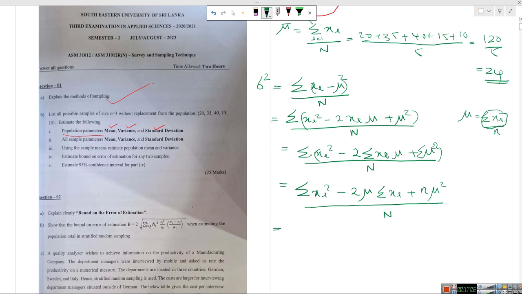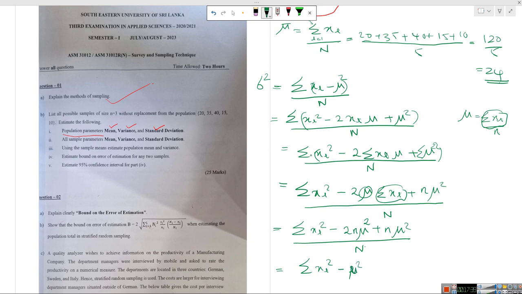So this becomes summation xi squared minus 2 into n mu; instead of n mu, again we have mu, so this becomes 2 n mu squared plus n mu squared, divided by n. So this will be equal to summation xi squared divided by n minus mu squared.